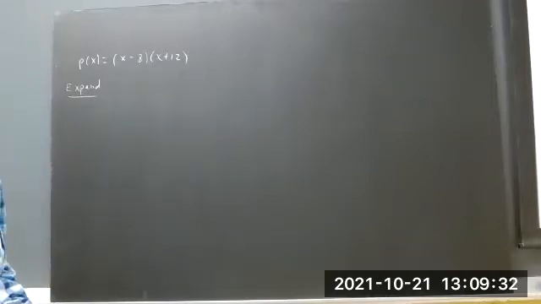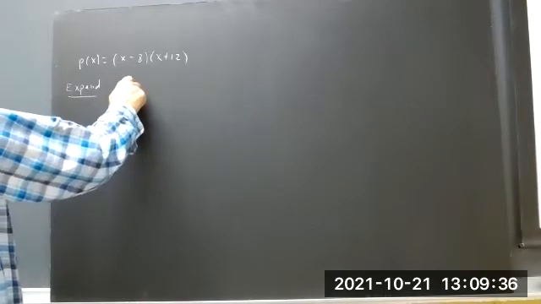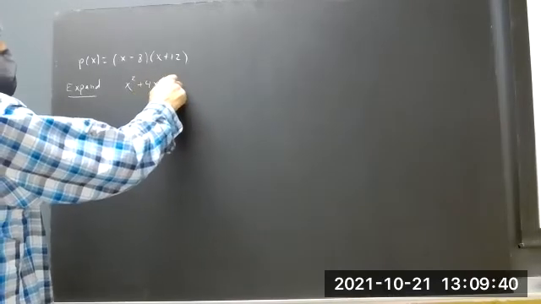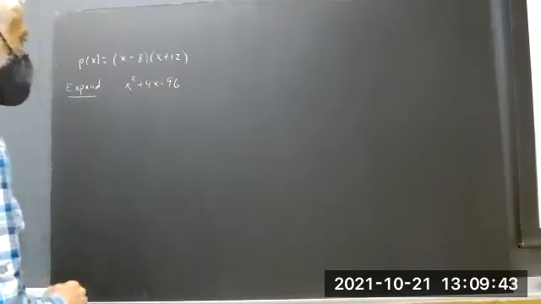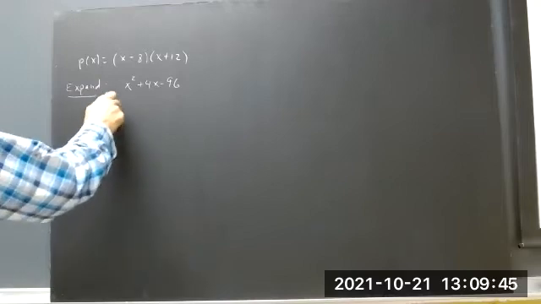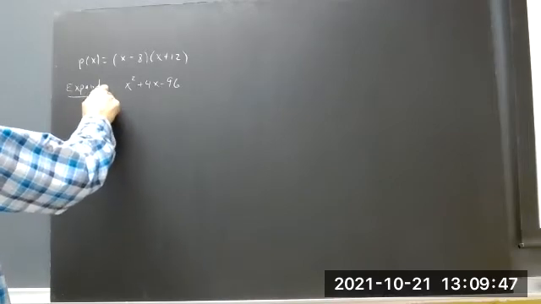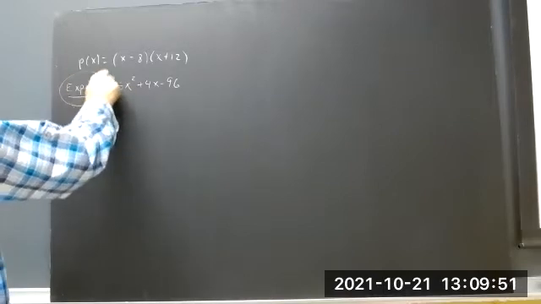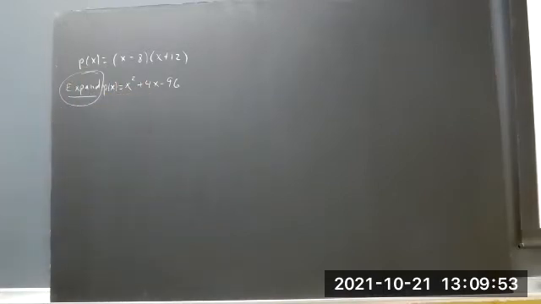But I want you to write out the distributive law when you do this. Anyhow, you get x squared plus 4x minus 96. So expanding, we get this.